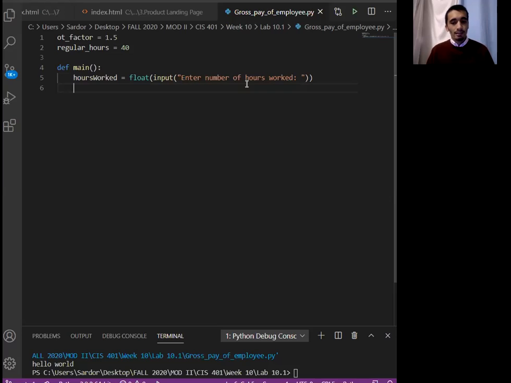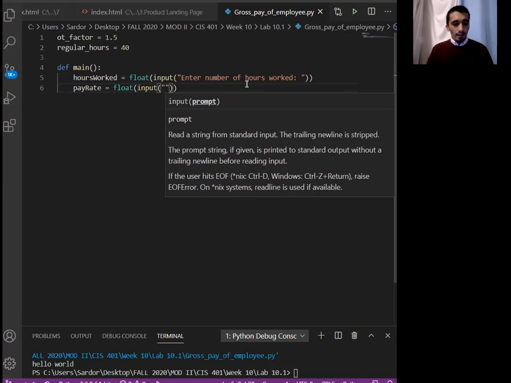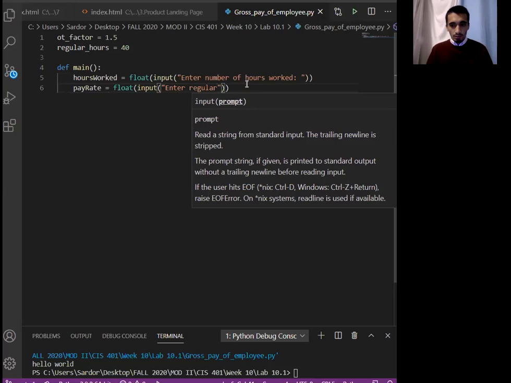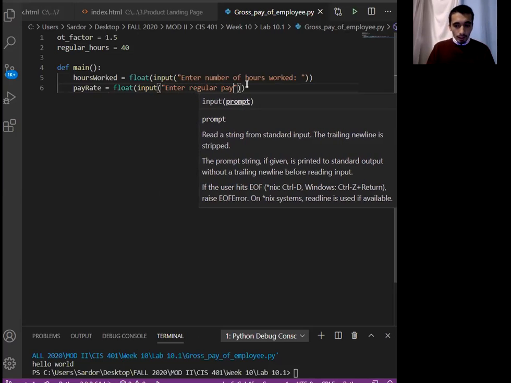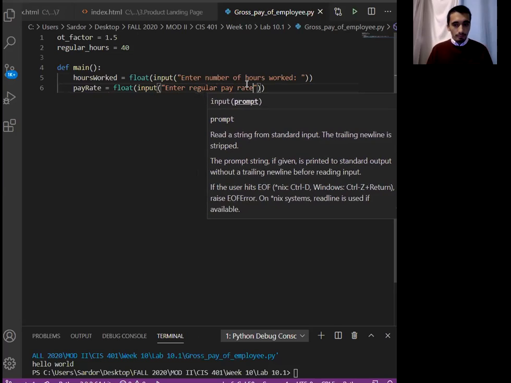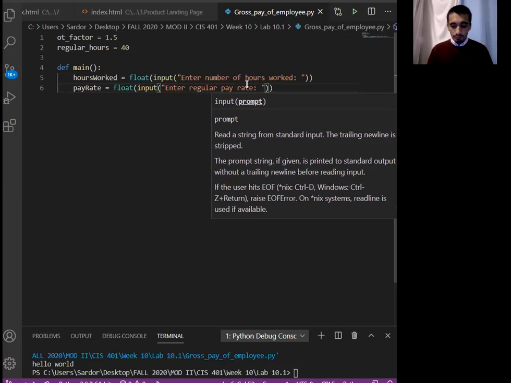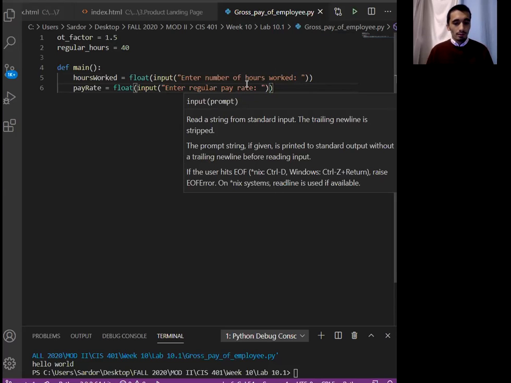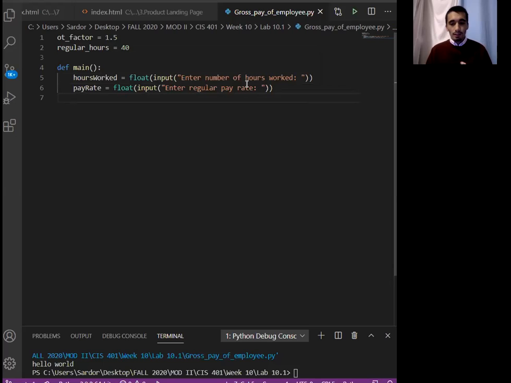Now we need to ask the user to input the pay rate, how much they are getting paid. Pay rate equals float input. Once again, enter a string: regular pay rate.